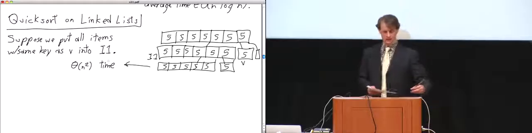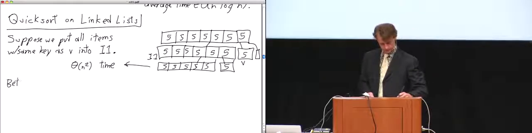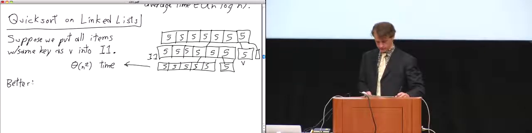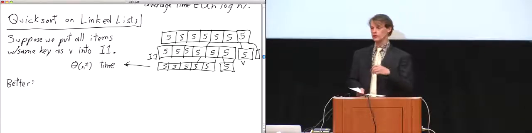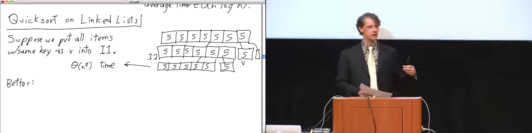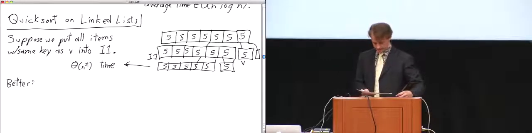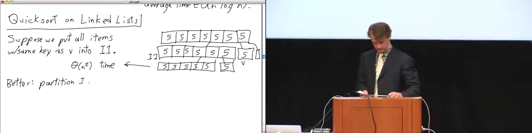All right, so here's the better solution, but it only really works for linked lists. This is not going to work for in-place array quicksort. For linked lists, though, we can just partition I into three linked lists.